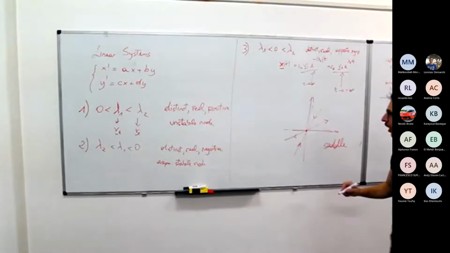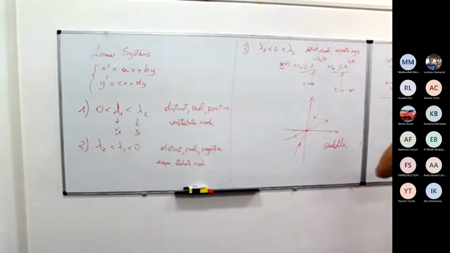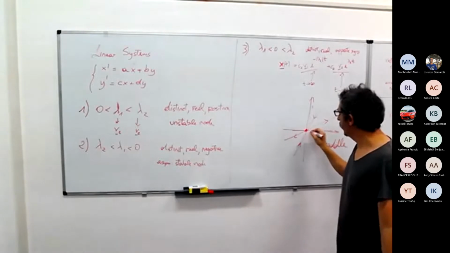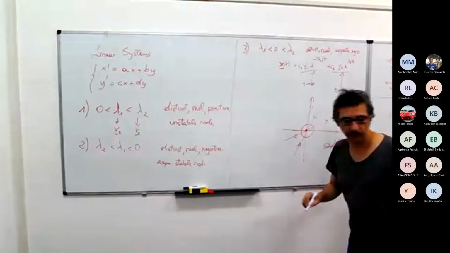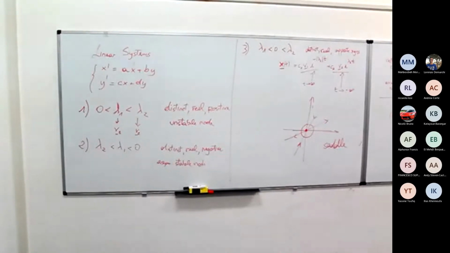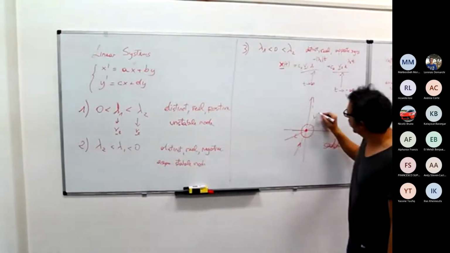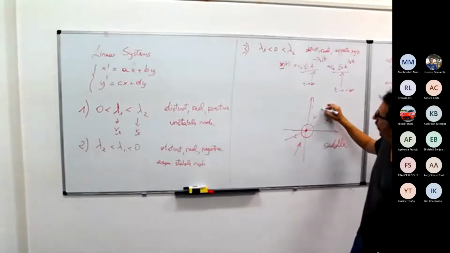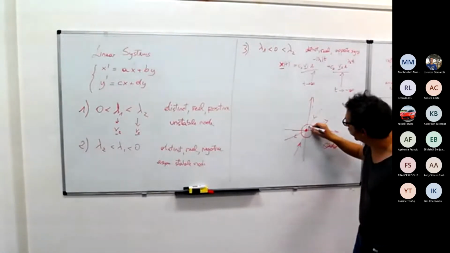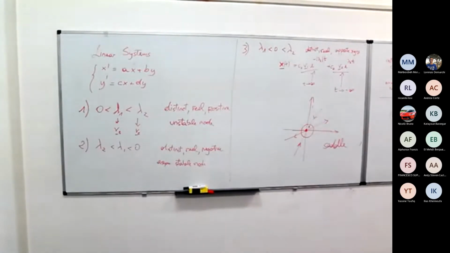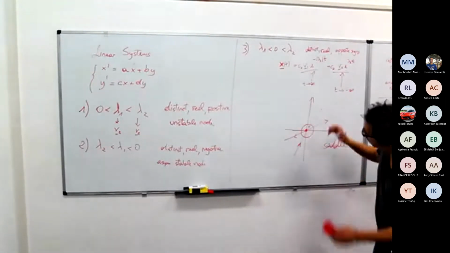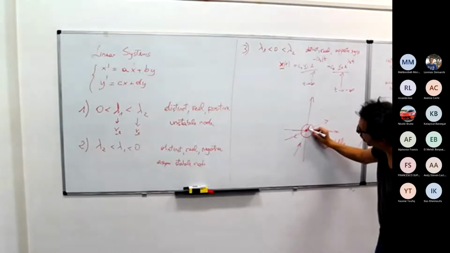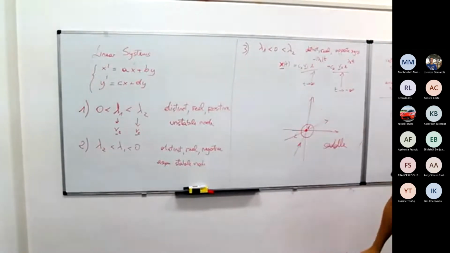Okay, this was the critical point. So what I have to do is to look at the orbits which are starting in the neighborhood of this. So imagine that I'm looking at this orbit, and imagine that instead of starting here, I'm starting from this point here. Okay? So what we know is that this orbit will approach the critical point for t that goes to infinity.